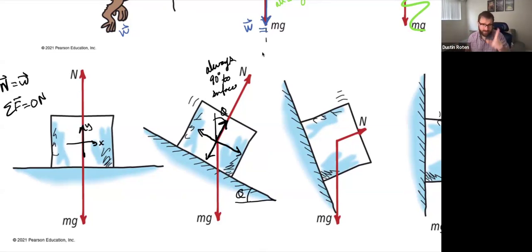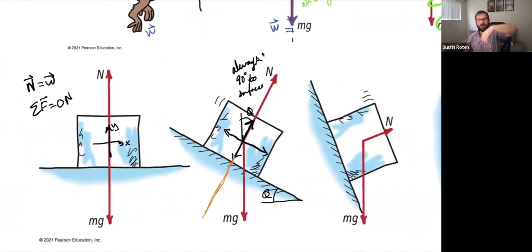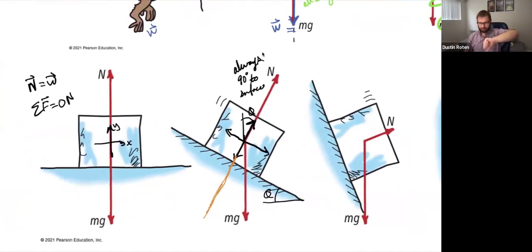So the trick is, and this is where this one gets more complicated, the normal force is canceled out by part of the weight. You can see the weight is always going to point straight down toward Earth. As we make this incline steeper and steeper, mg always points straight down.